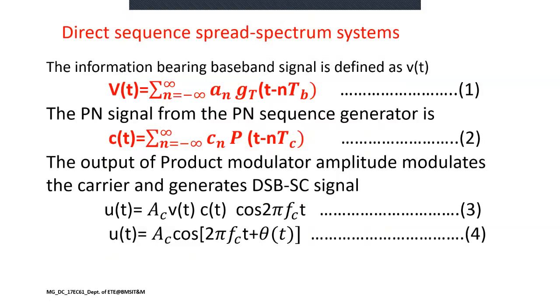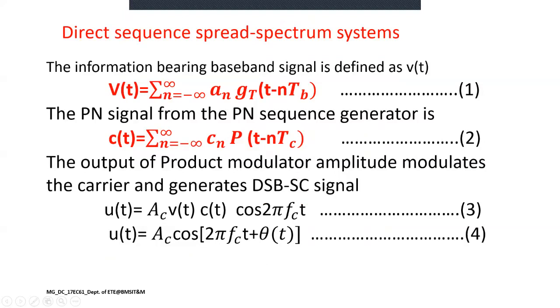The pseudo noise signal from the pseudo noise sequence generator is represented as c(t), which is equal to, again, summation from n equal to minus infinity to infinity c_n p(t minus n T_c). Here the value of c_n is the magnitude of that pulse, which is plus or minus 1, and p(t minus n T_c) is a series of pulses.